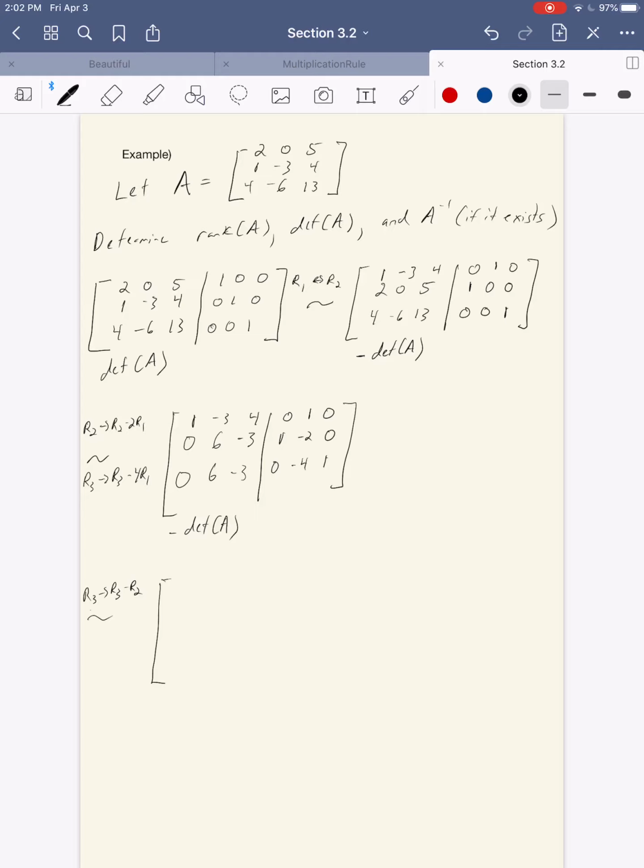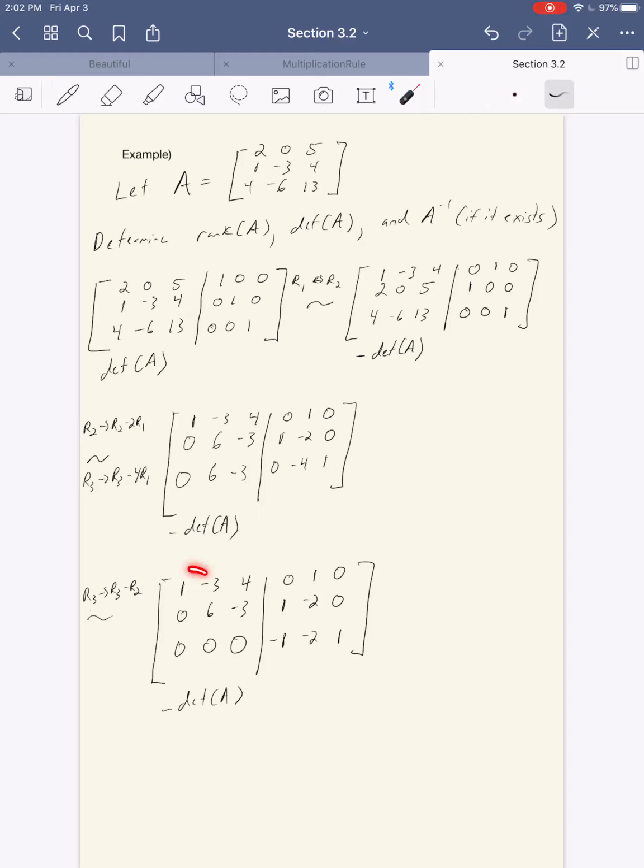If we do that, we get 1, negative 3, 4, 0, 1, 0, then 0, 6, negative 3, 1, negative 2, 0, and then here we should get 0, 0, 0, and since we're doing row 3 minus row 2, we should get negative 1, negative 2, and 1 there. Of course, that operation also does not impact the determinant.